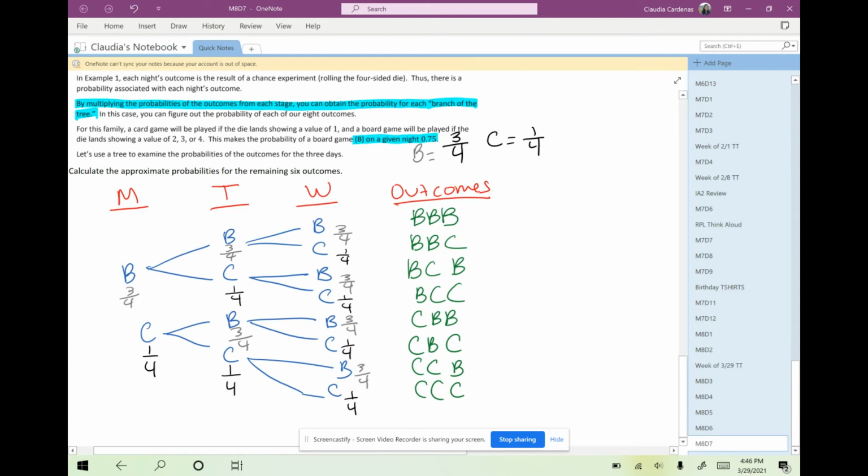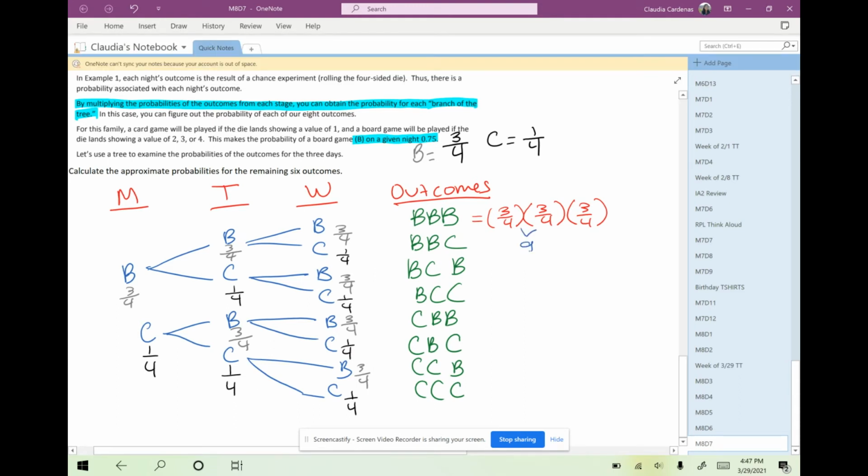And so in order to show our multiplication, remember we multiply every single outcome on a branch. So for this one, it would be B times B times B, which I see is 3/4 times 3/4 times 3/4. Okay. And I remember that when we multiply fractions, remember we multiply the numerators and the denominators together.